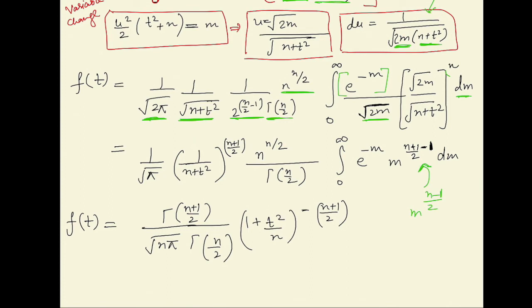And the way we are writing this, because this expression is simply our gamma function, and the value of this is gamma n plus 1 by 2.